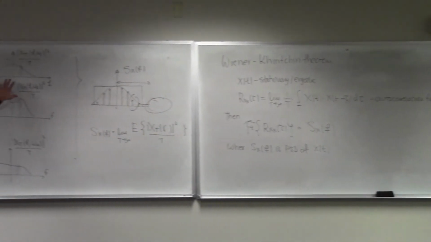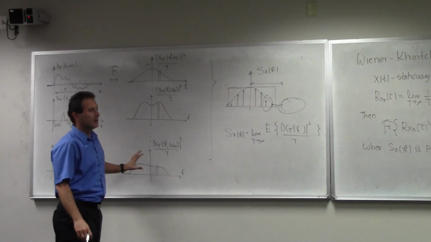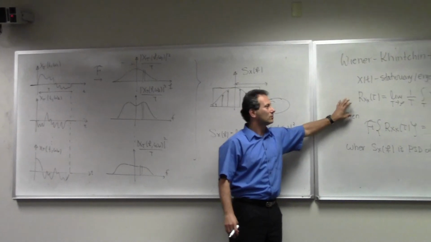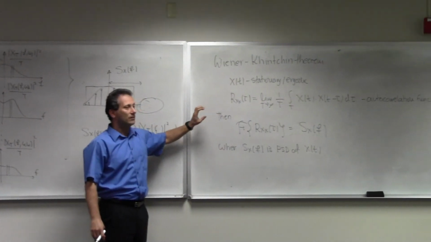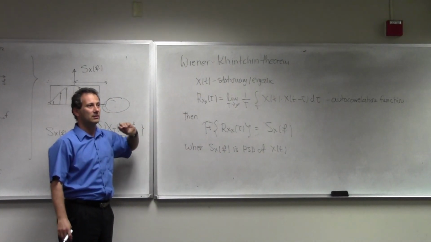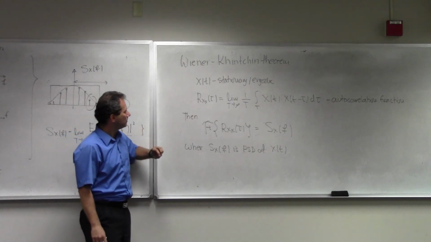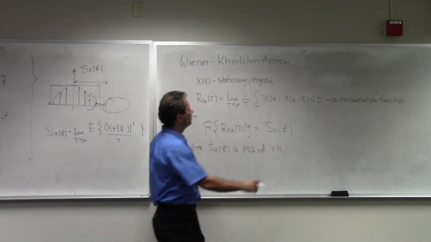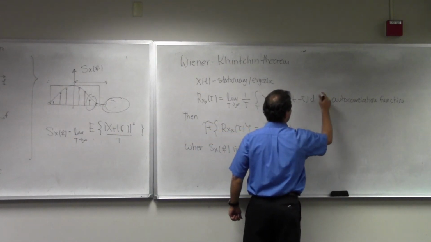What we didn't like is how you get to it. We define the autocorrelation function, and you saw that the autocorrelation function is very easy to calculate. Inside the integral, it should be dt. Sorry.